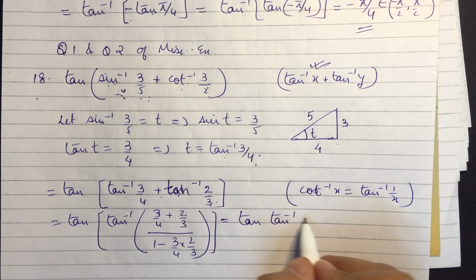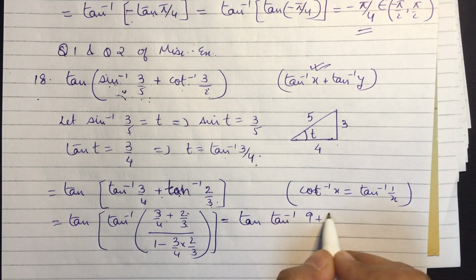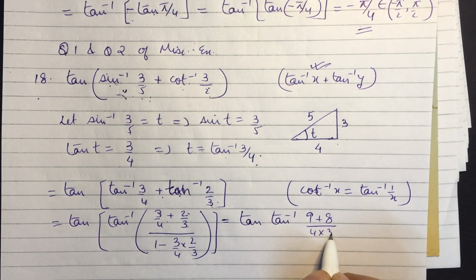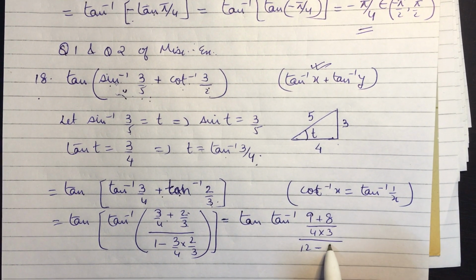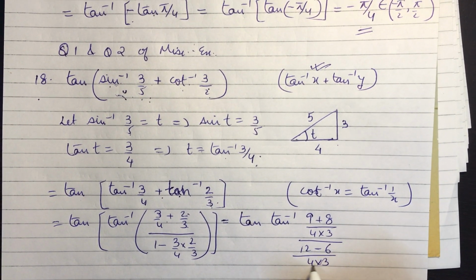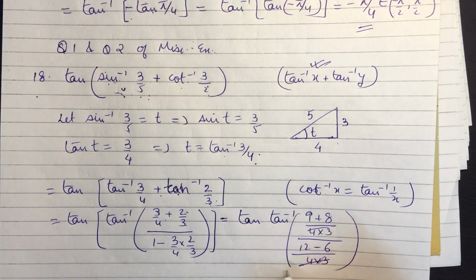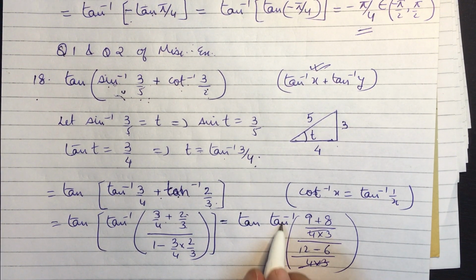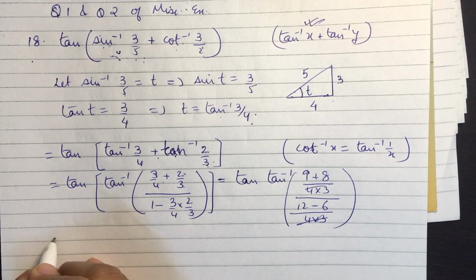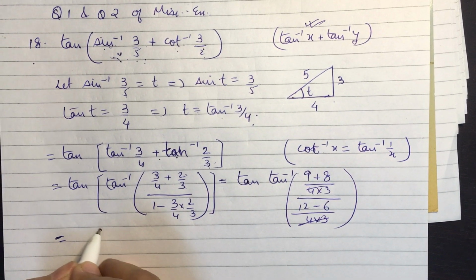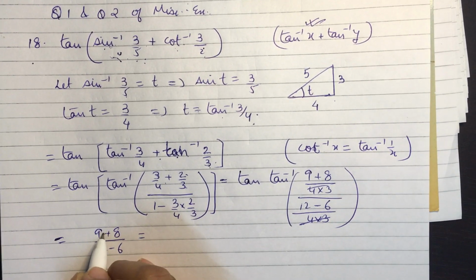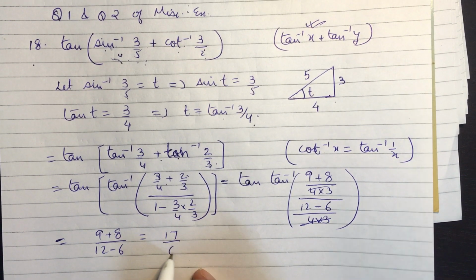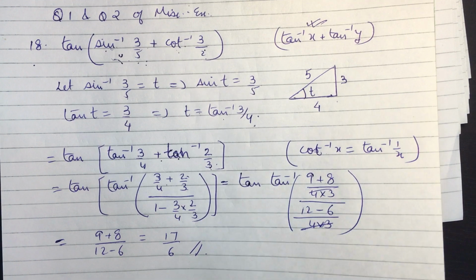Here this becomes 9 plus 8 upon 4 into 3, upon 12 minus 6 upon 4 into 3. This gets cancelled. More so, tan when it acts on tan inverse balances it out, and we are left with only this number, which is 9 plus 8 upon 12 minus 6, which is 17 upon 6, which is the answer.